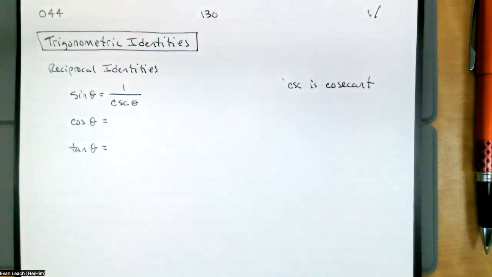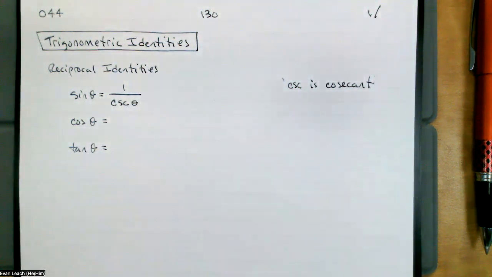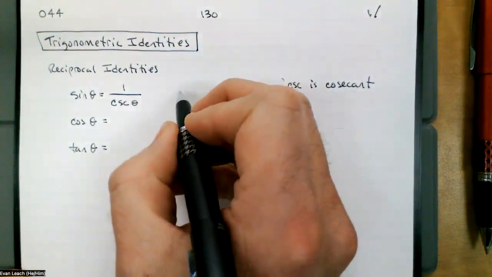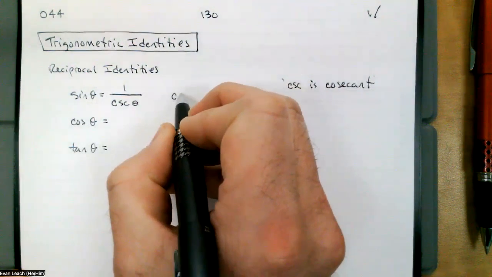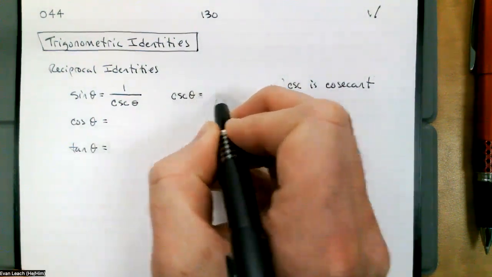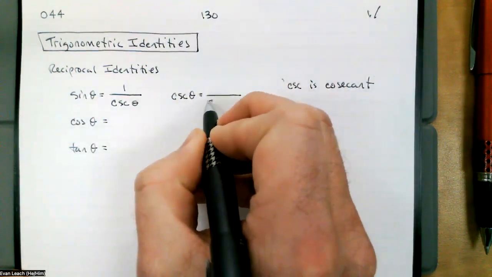So CSC is cosecant. And cosecant is the reciprocal of sine. So sine is 1 over cosecant. We get 2 for free, or we get a buy one, get one deal out of this. And that also means that cosecant is 1 over sine.